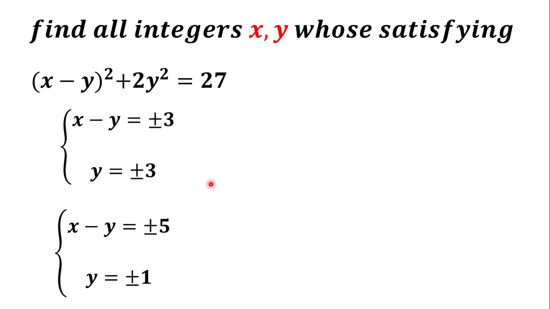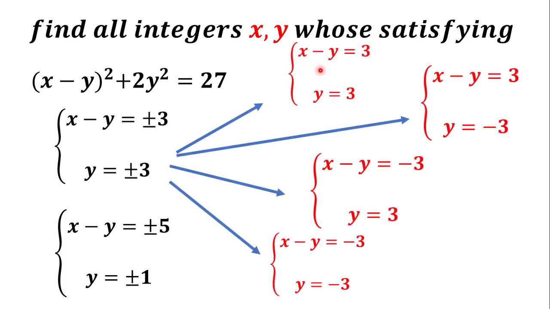So from these two systems of equations, we are going to get four systems of equations. x - y equals 3 and y equals 3, x - y equals 3 and y equals minus 3, x - y equals minus 3 and y equals 3, x - y equals minus 3 and y equals minus 3.